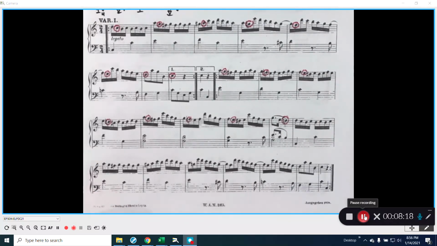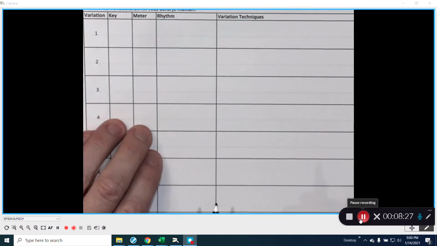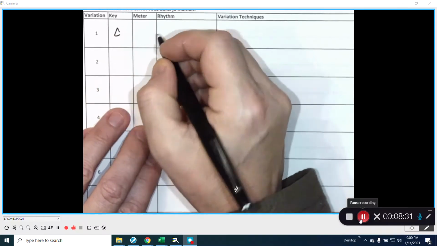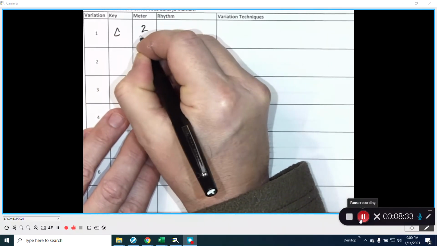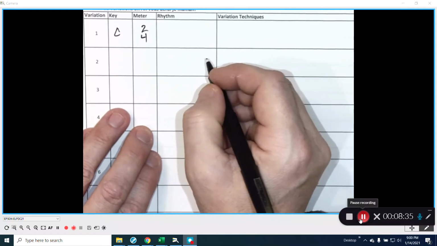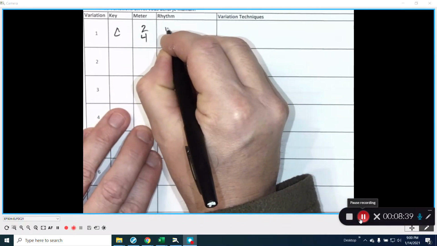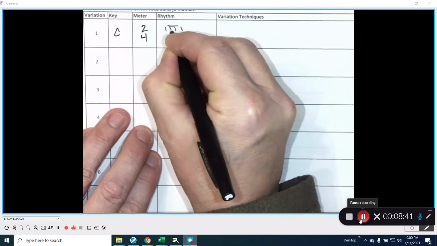So now we can begin to fill out the grid. Let's take a look at that. So variation 1 is in the home key of C. The meter remains 2/4. The main rhythm pattern that is used 16ths.